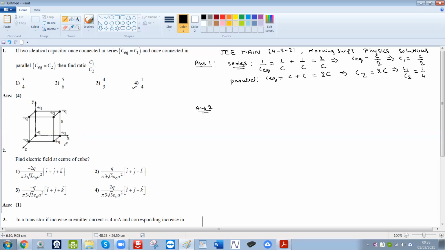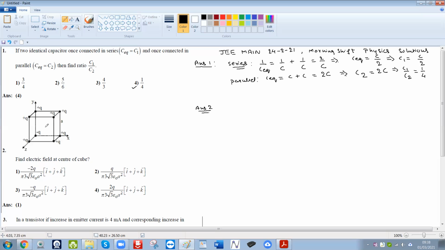So we can think of it as if all the charges, including the charge at the origin, were plus Q, then by symmetry, electric field at center of the cube must have been 0.